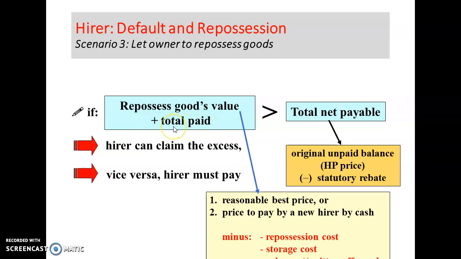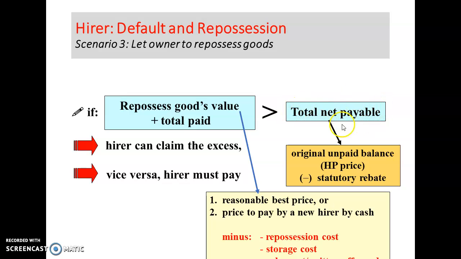This refers to the deposit and installments paid from the beginning of the hire purchase until the repossession date. So we're going to compare this amount to the amount that is payable.